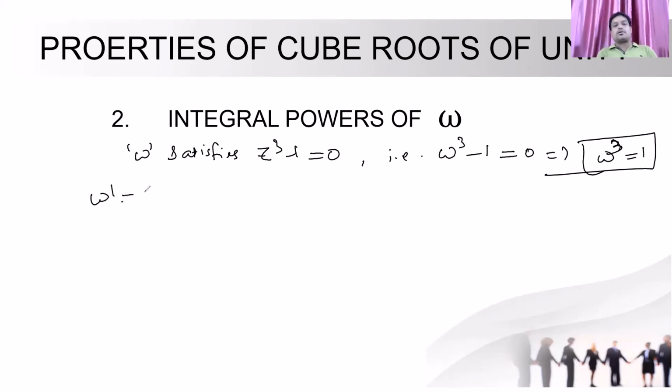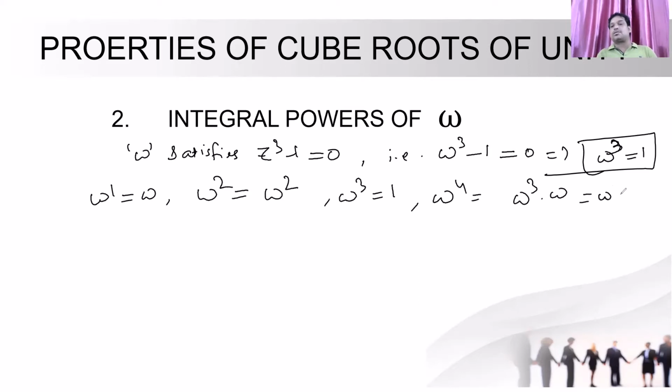Omega power 1 equal to what? Omega. Omega power 2 equal to what? Omega square. Omega to the 3 equal to what? 1. Omega to the 4 equal to what? Omega cube into omega, that is omega. Omega to the 5 equal to what?